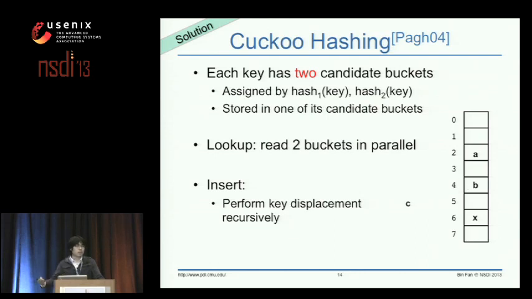We repeat this process and kick out the existing item in bucket 4 and get C. OK, insert C. This time we're lucky. C finds an empty slot in its alternate location, and we are fine. You may say, this sounds very complex. But actually, people have proven that the amortized cost to insert one item is still constant.